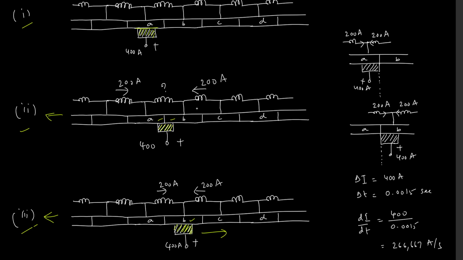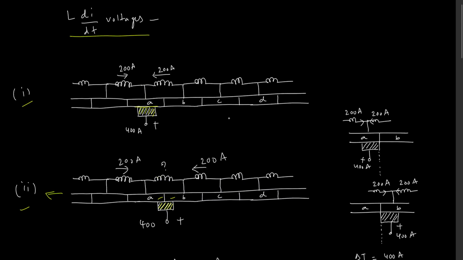Now I have assumed that this brush is collecting 400 amps. For each parallel path we are going to have two brushes, one brush here, one brush here, for two parallel paths. If we have one more set like this, we will have one more set of brushes.